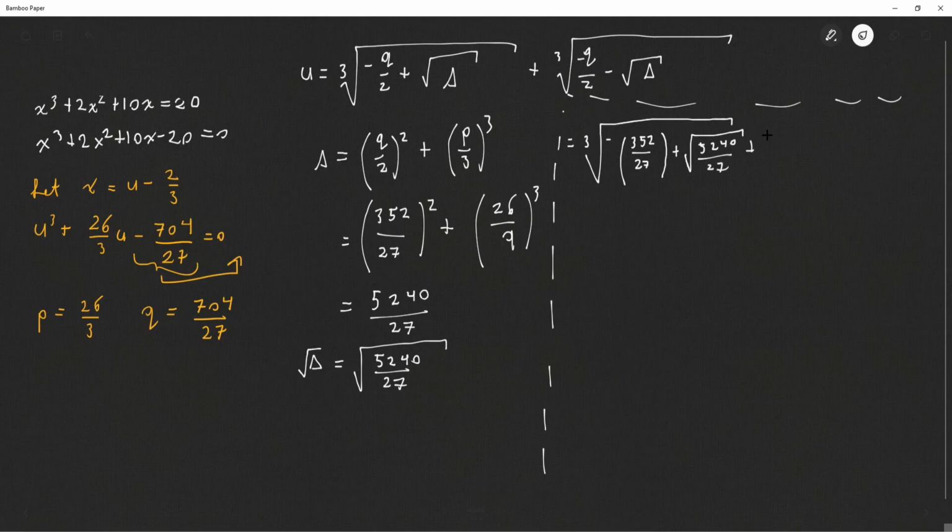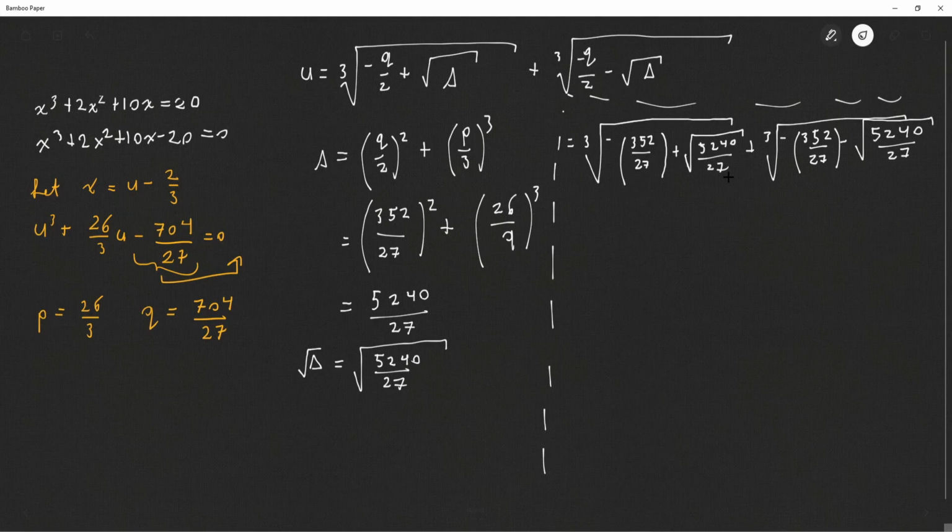And now you're going to add this with the cubed root of negative 352 over 27, but this time it's minus the square root of 5,240 over 27.